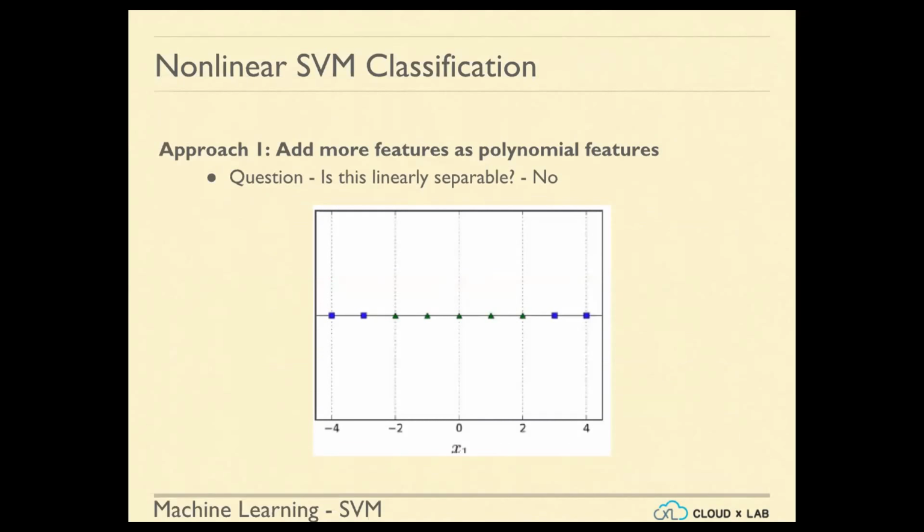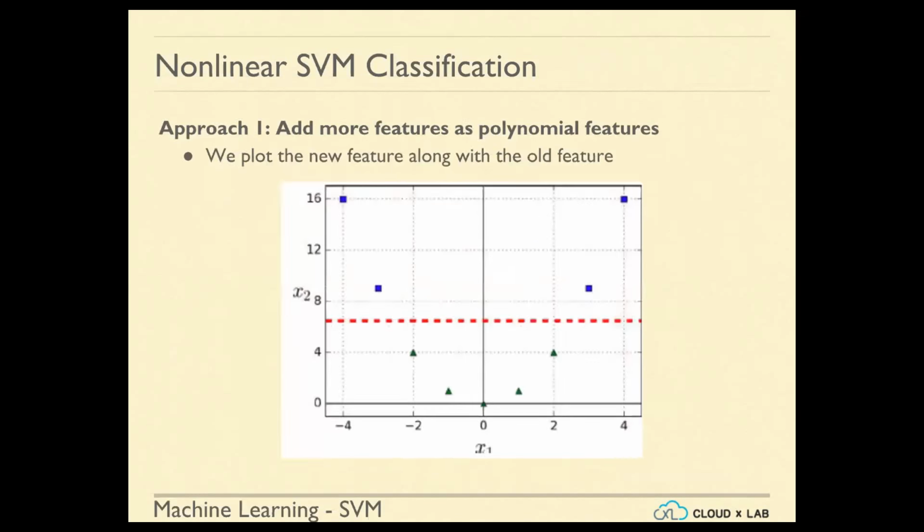For example, we square these values, and then the data becomes more separable. So this is how it looks. The value of one feature remains as such, while the other feature became bigger, and therefore it has separated the two classes. That is how adding polynomial features can make the data more separable.